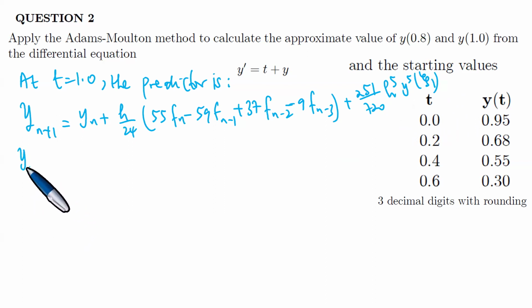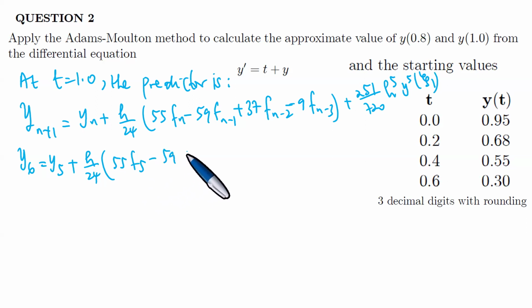But you're going to get y6. y6 means that n is 5. y5, plus h over 24, 55 F5 minus 59 F4, plus 37 F3, minus 9 F2. n is 5, so 5 minus 3 is 2. And then you leave out the other term.